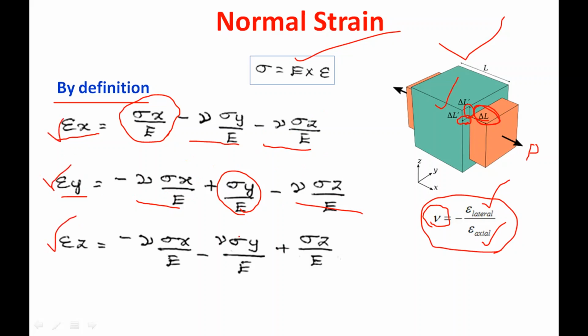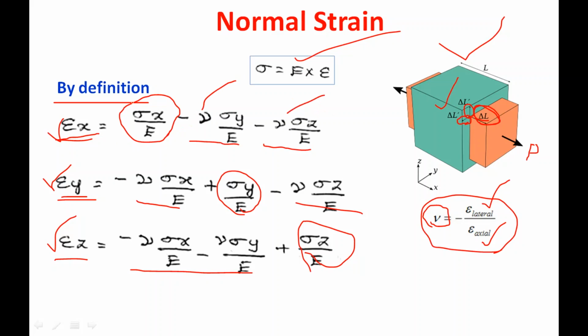Epsilon z will become like this. This is the linear strain, then these are the lateral strains which are subtracted from here. So if you find the strain along the x direction, y direction and z direction for a three-dimensional stress element, we have to consider the Poisson effect also.